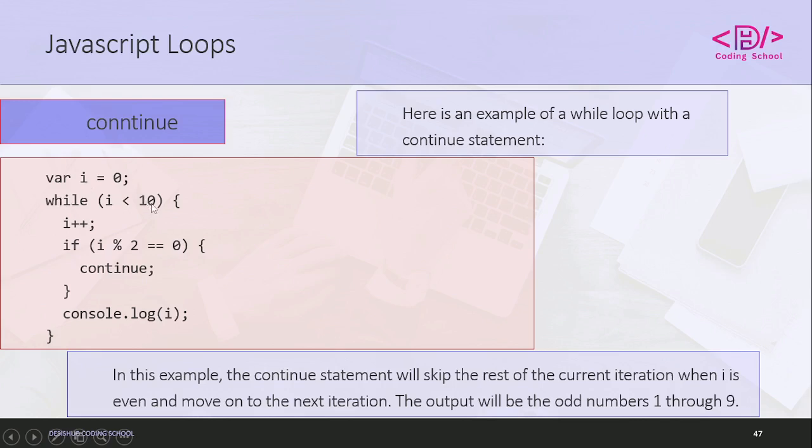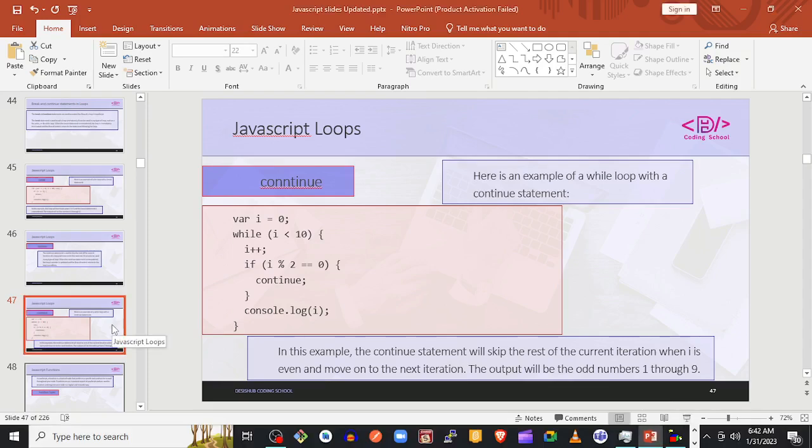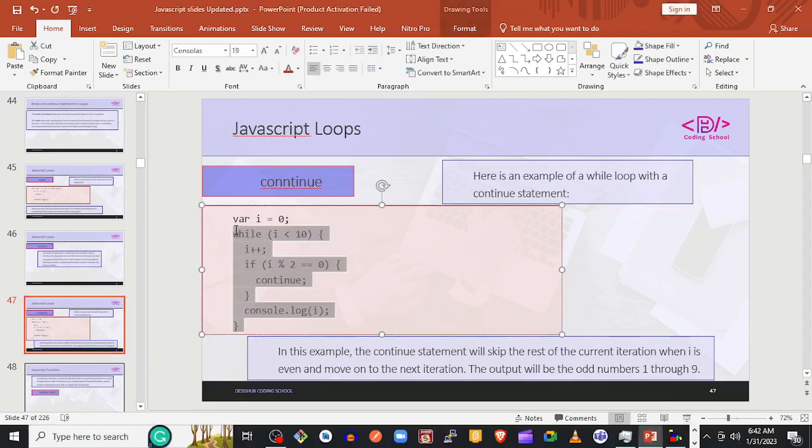So while i is less than 10, i++ is increasing here, and it's saying if i % 2 equals 0, that is, if the division of i by 2 leaves 0, then just continue, and console.log i. So what this is going to produce is that it skips all the even numbers.